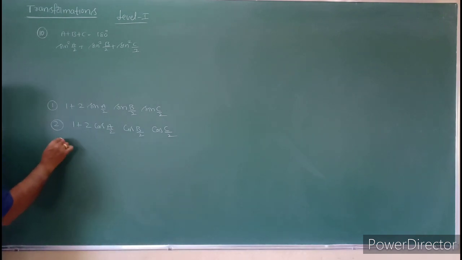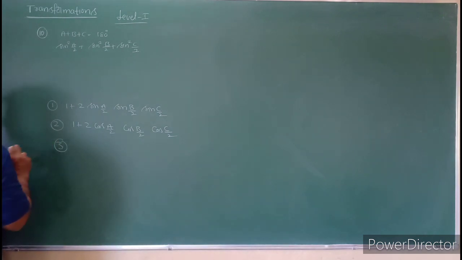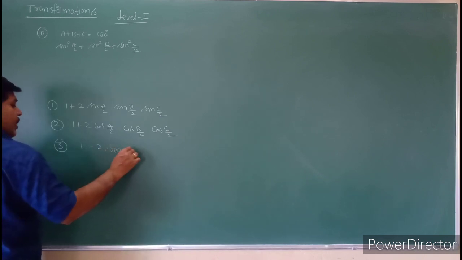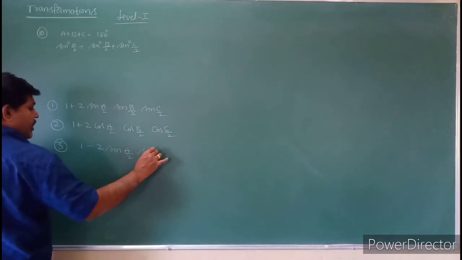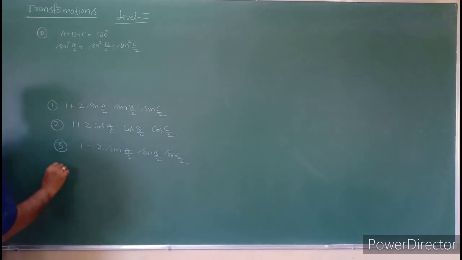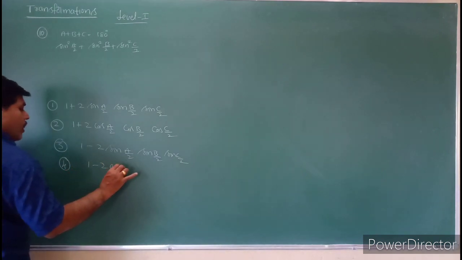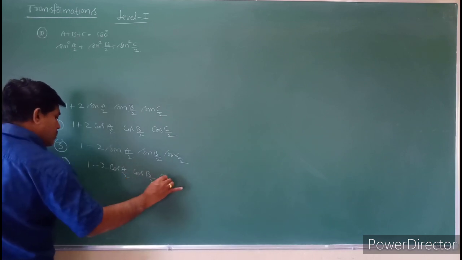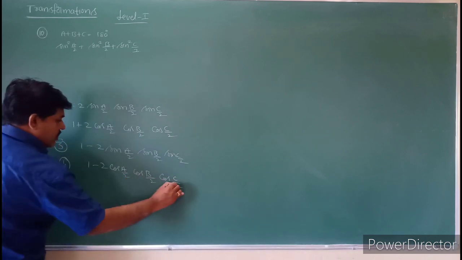The third one is 1 minus 2 into sine A by 2 sine B by 2 sine C by 2. And the fourth option is 1 minus 2 cos A by 2 cos B by 2 cos C by 2.